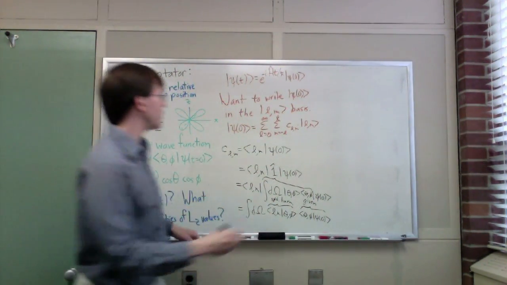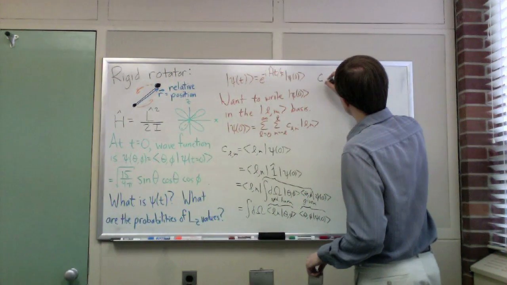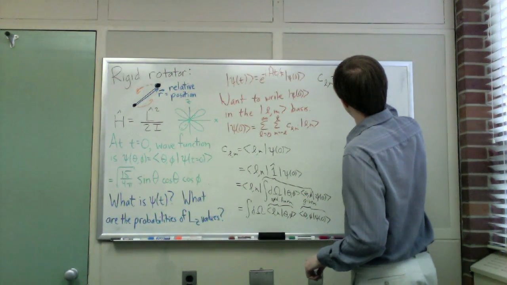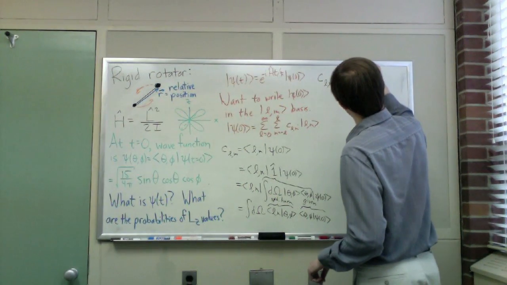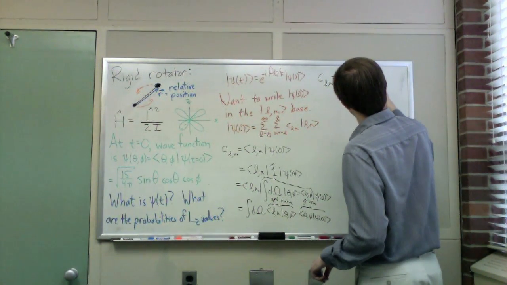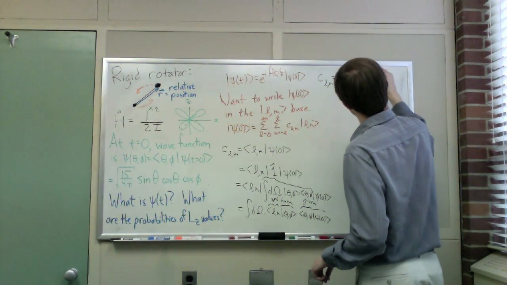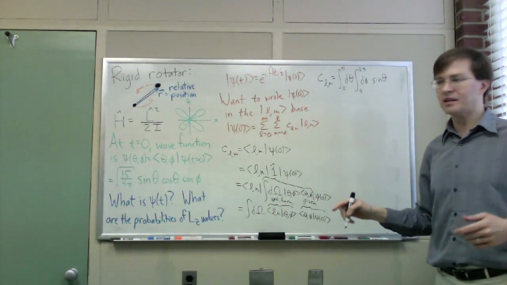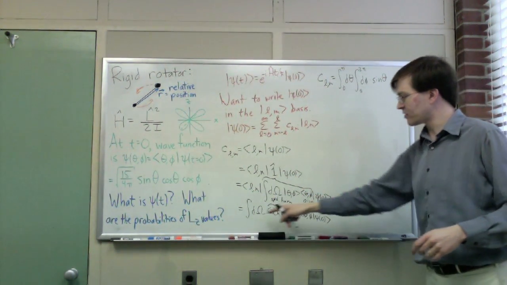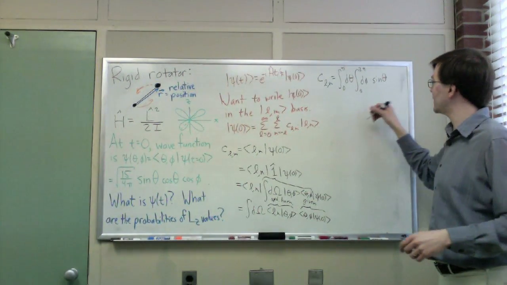By writing this down, I'd be able to say that CLM is equal to an integral d theta from 0 to pi, integral d phi from 0 to 2 pi, times the sine of theta, because that's part of my d omega. The measure for integration for angular things has that sine of theta in it.